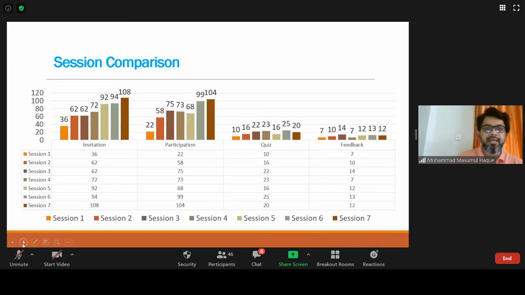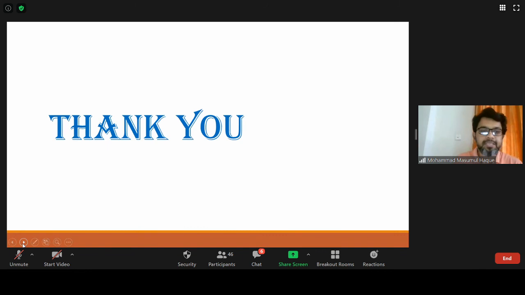Here is a comparison of all our sessions. I'm not going through this busy slide thoroughly, but what I want to highlight, which is easily visible, is the consistent positive development of each and every parameter except the feedback, which I mentioned earlier. So that's all from my part. Back to you, sir. Thank you.